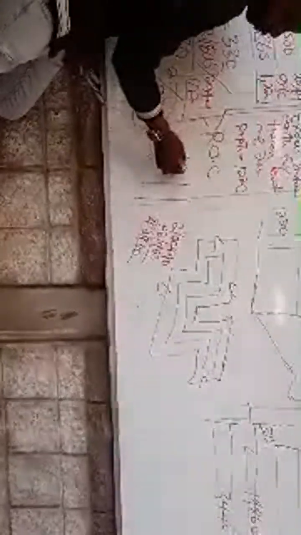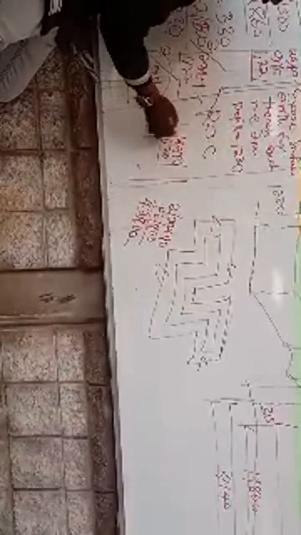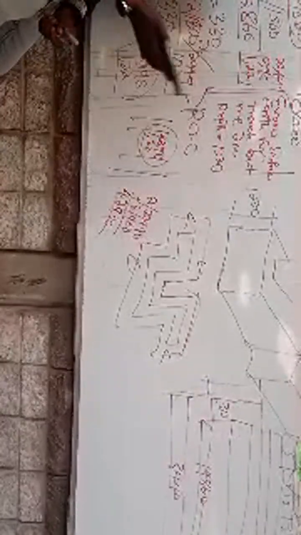It's 42.900. So that means we are going to measure it like this: 42.90 with 1.22. You don't multiply by 2 because you have taken the entire perimeter. That's how it is.